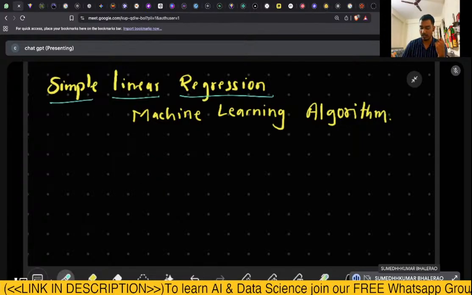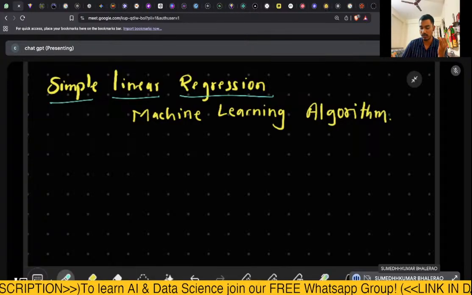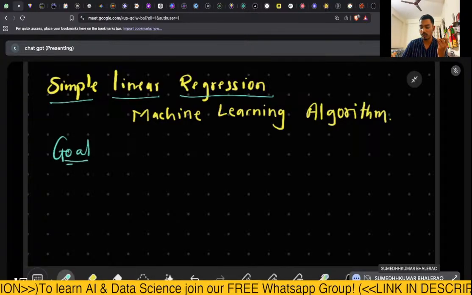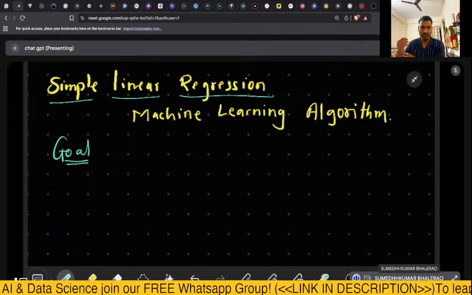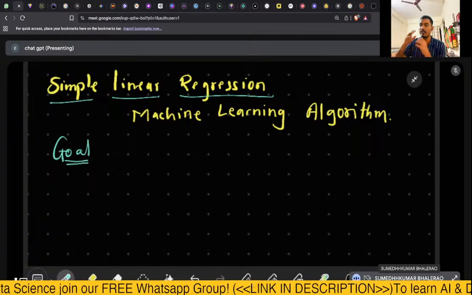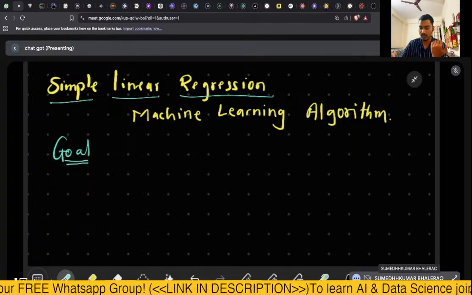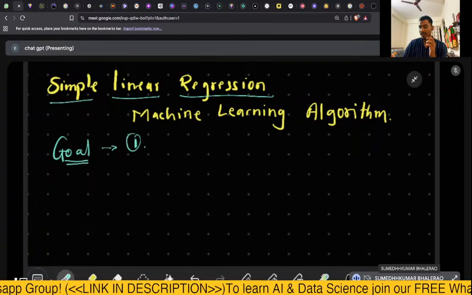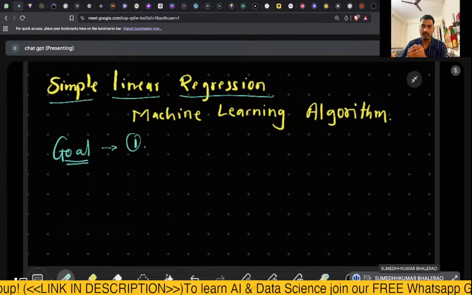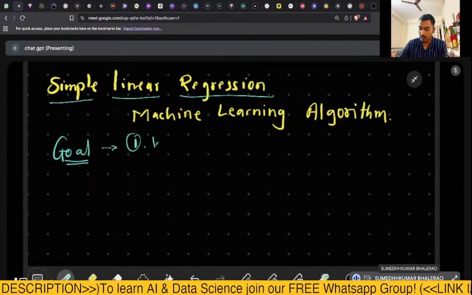Before we start, we must know what we are doing. So what will be today's goal, and what are we going to learn in simple linear regression? The very first goal is we should know what we are doing, meaning what problem we are solving.